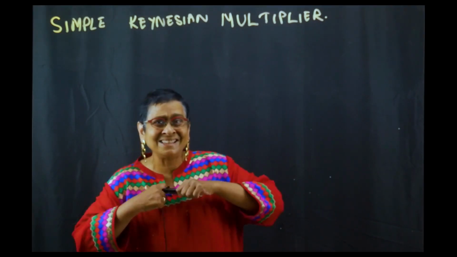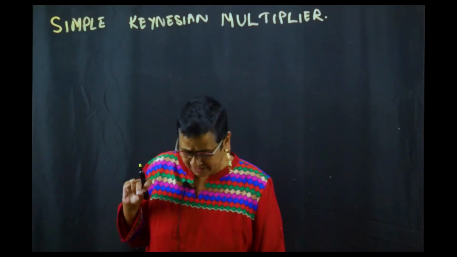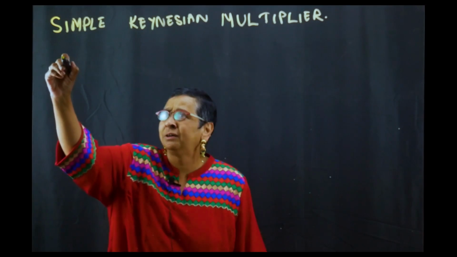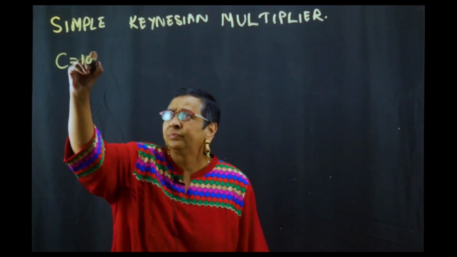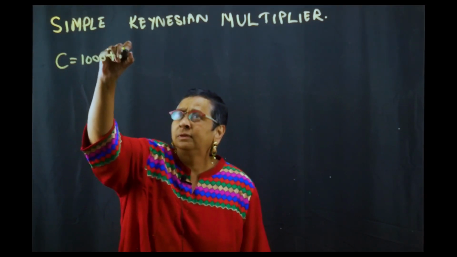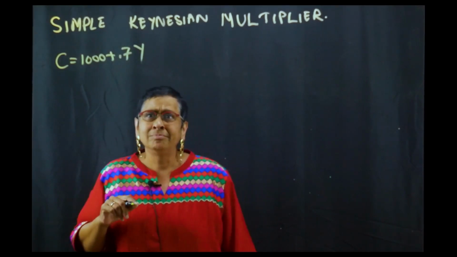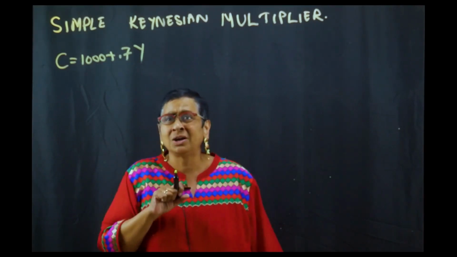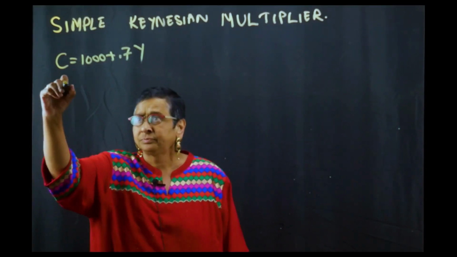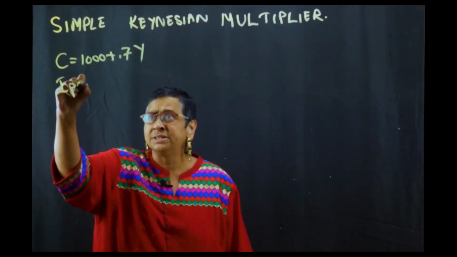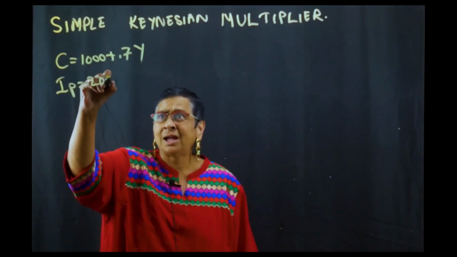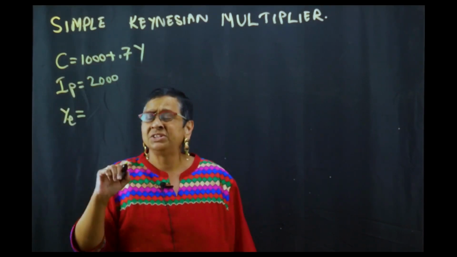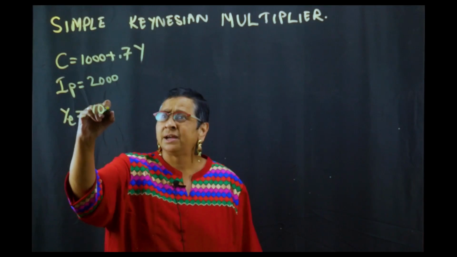So to give you a sense of how we think of the multiplier, let's use the example we've been using so far. My marginal propensity to consume is 0.7. I started with C equal to 1000 plus 0.7Y. My planned investment was equal to 2000. My equilibrium level of income based on that was 10,000.